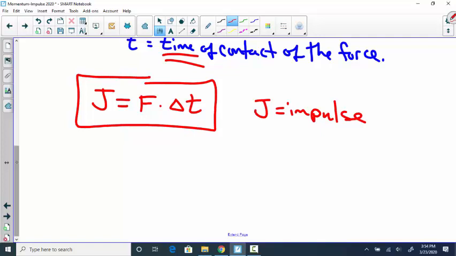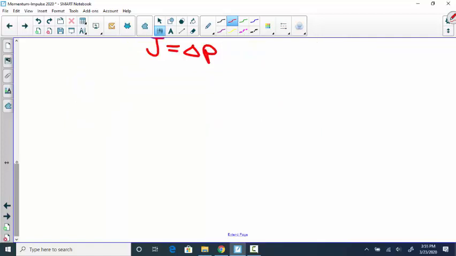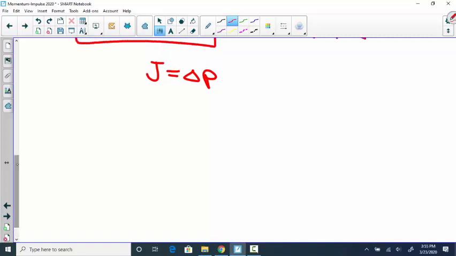And later on, I will actually put what we need on our note cards. But the bottom line here is this impulse is equal to the change in momentum, which is a very short equation, but this is basically saying impulse equals, and I like to say causes actually, change in momentum.